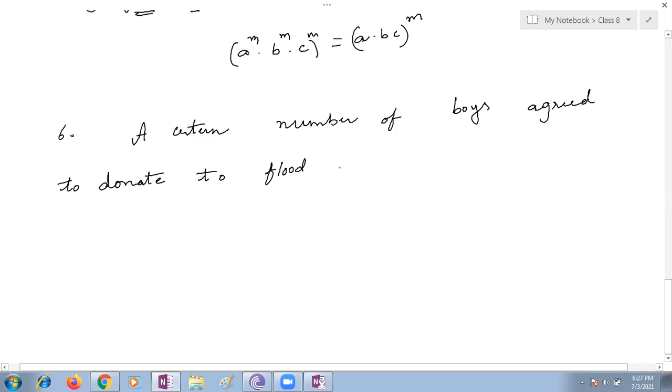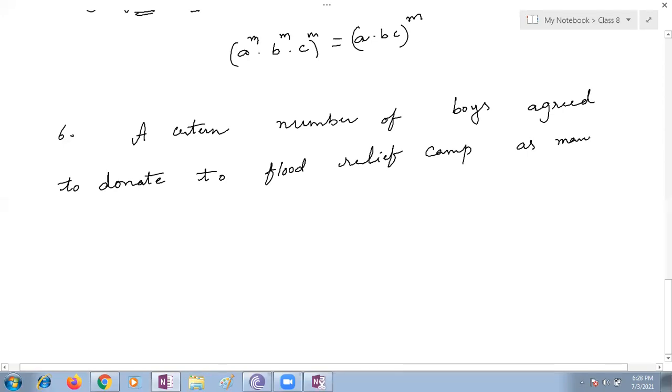It's a natural phenomenon, a natural disaster. Very good. Flood relief. A certain number of boys agreed to donate to a flood relief camp, as many paise.